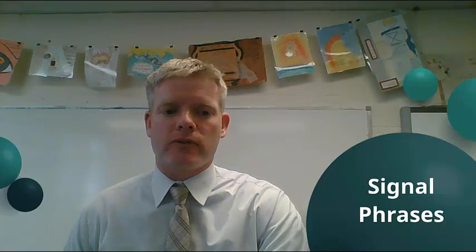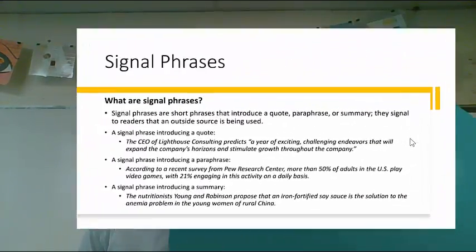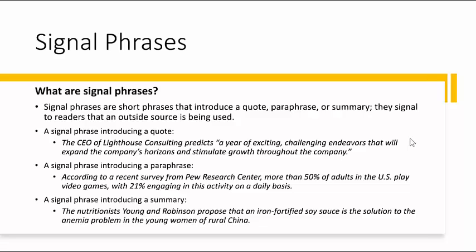So a signal phrase, as the name would indicate, is a short phrase that introduces a quote, paraphrase, or summary. Signal phrases signal to the reader that an outside source is being used. So we use signal phrases so that we give people credit.